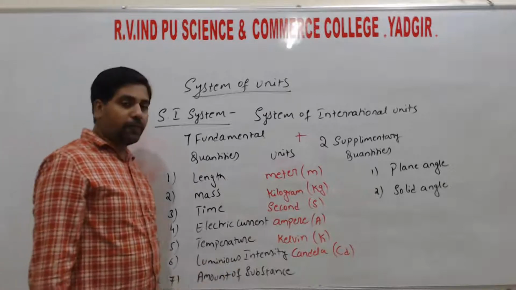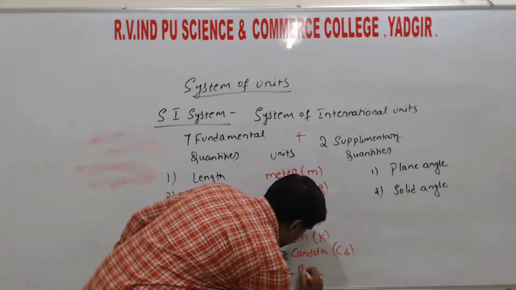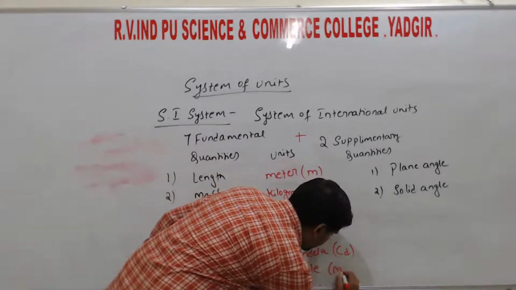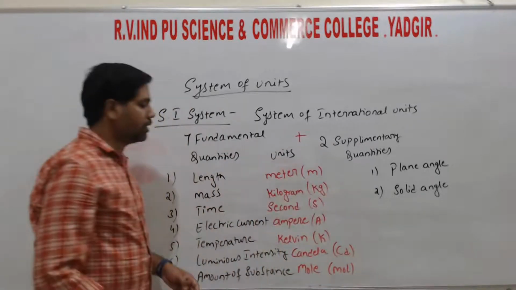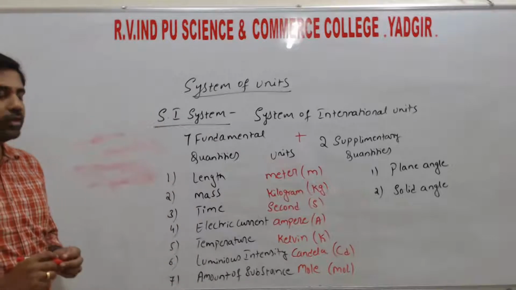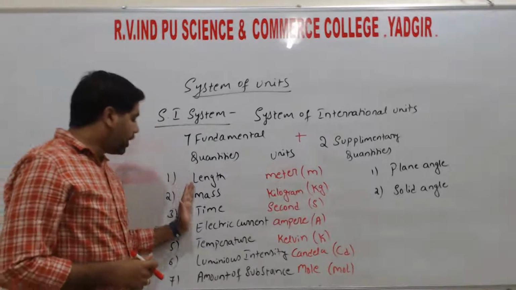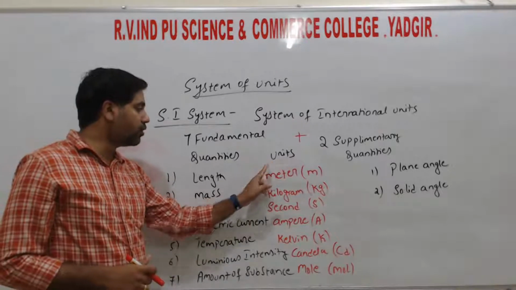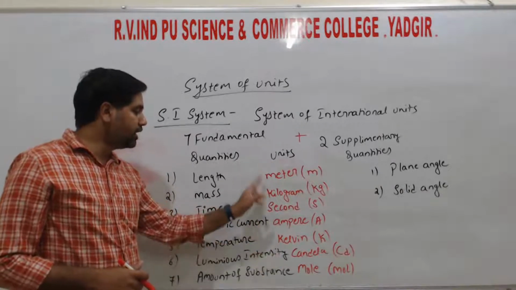Next, amount of substance, that is mole. So the symbol is mol. Right? So these are all the 7 fundamental quantities. For the 7 fundamental quantities, we have the units.